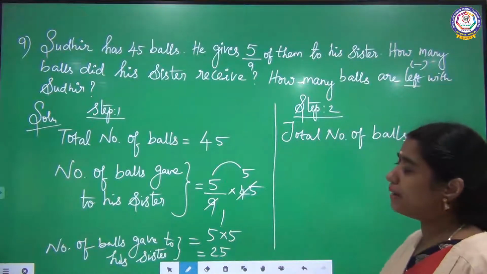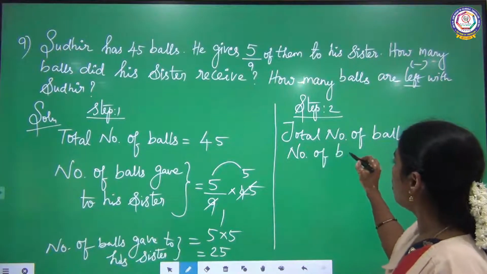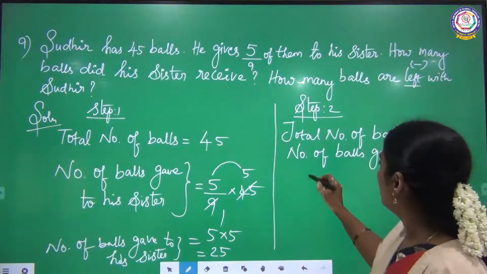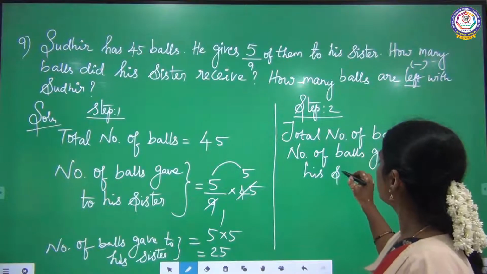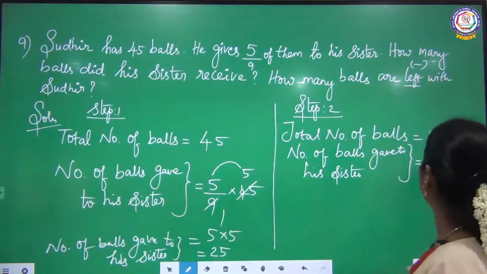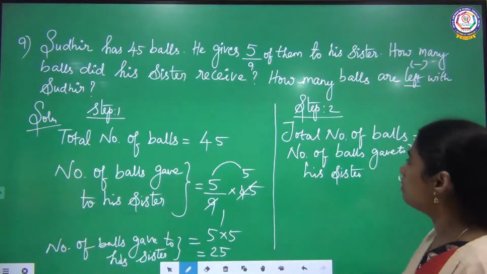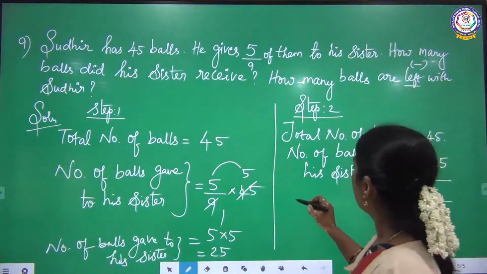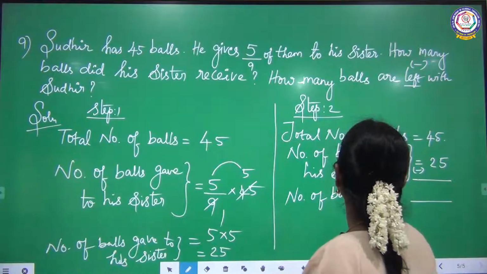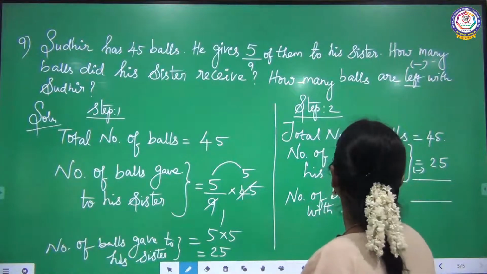I have found the number which he gave to his sister, 25. So, I am going to subtract this. So, number of balls left with Sudhir.